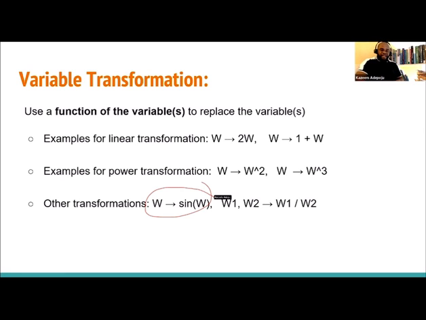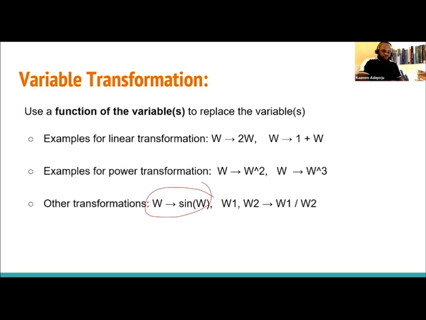Maybe initially I got a W and I needed to find the sine of that. So when I find the sine of W, I'm no longer having W. It means I have a new set of data in place.